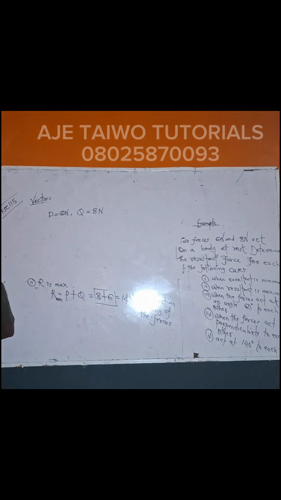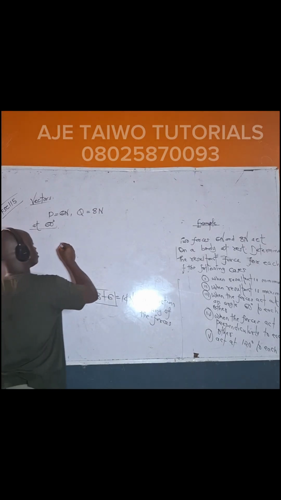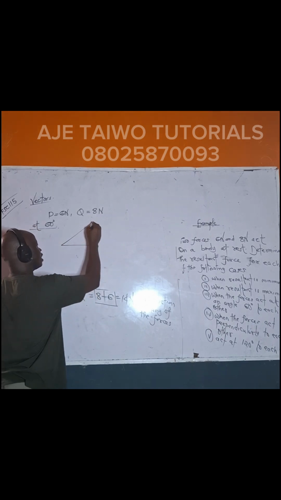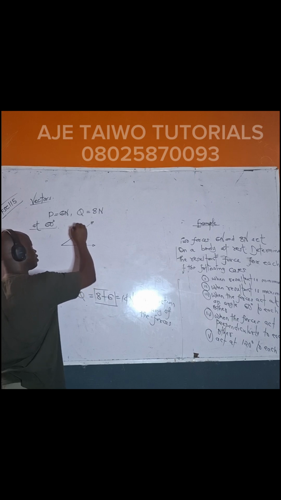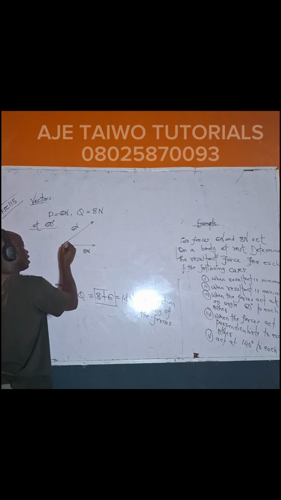When the forces are at angle 60 degrees to each other, what does that mean? One is like this. Let's call here 6, it's my choice. Let's call here 8, it's my choice. They are at angle 60 degrees to each other.